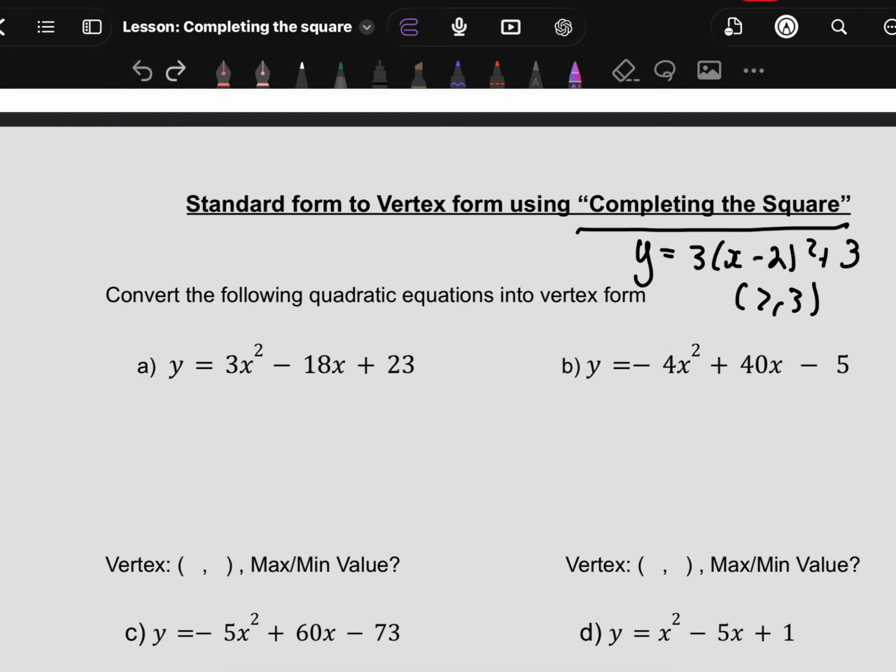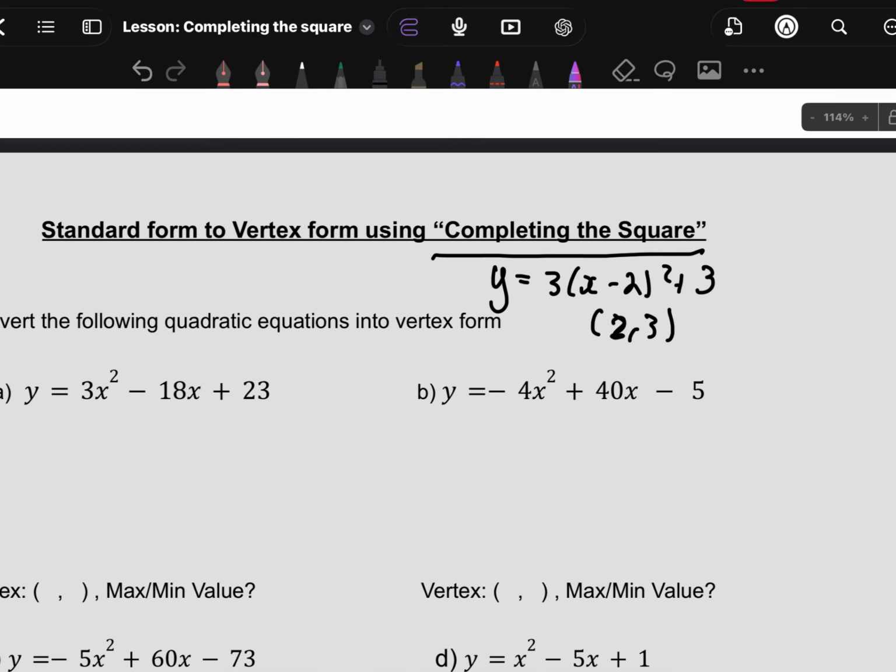The reason why is explained a bit more in functions, but the shift actually goes to the right, which is why we do 2, 3. Since it's positive, a way you can remember this is a smiley face. The parabola is like a smiley face because it's positive, and that means this is a minimum. So in this case, our quadratic has a minimum at 2, 3.